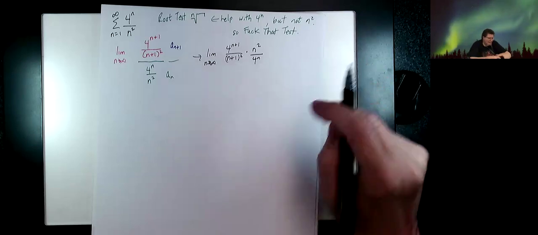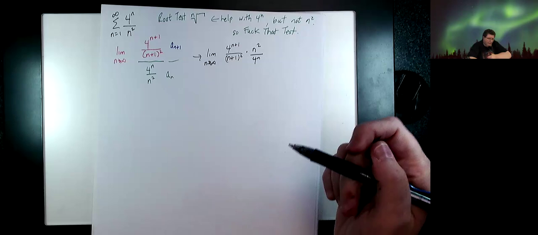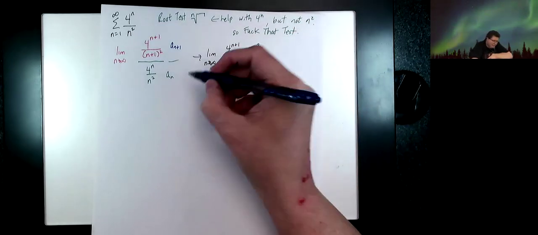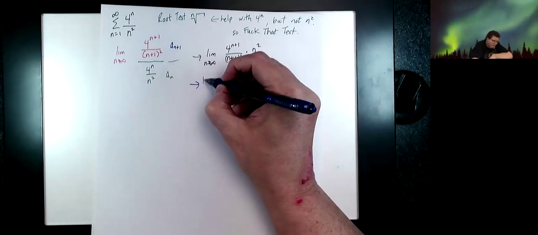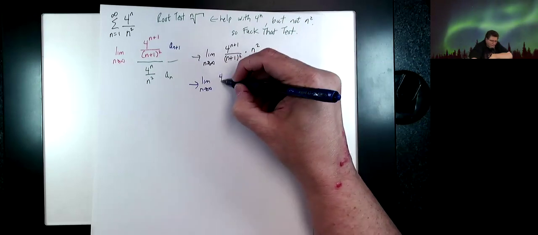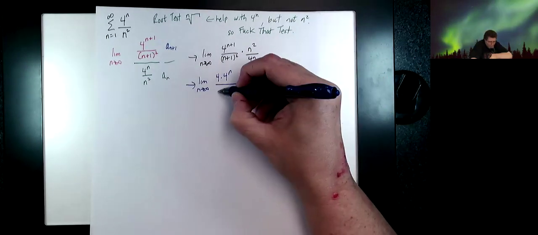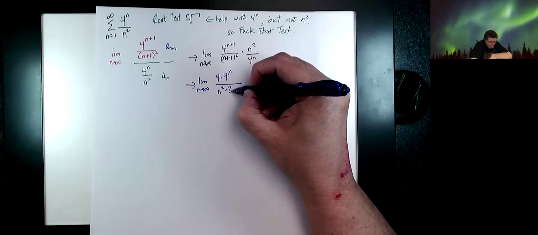Now, first thought may be, how does that help? The exponential is actually going to be really helpful. What we're going to do is write that as 4 times 4 to the n. And I will multiply this bottom out.